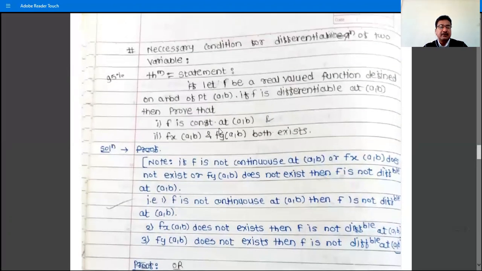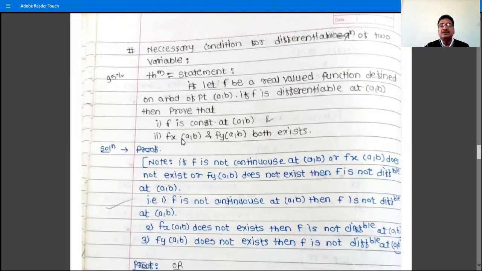For a single variable, we know the function mod x is continuous at 0, but mod x is not differentiable at 0. It is also true for the two variable function that if the function is differentiable, then the function is continuous, but the converse is not true: if the function is continuous, then the function may or may not be differentiable at that point.